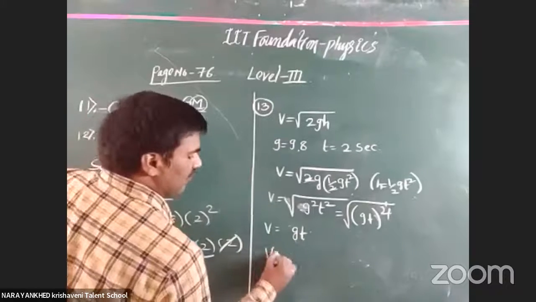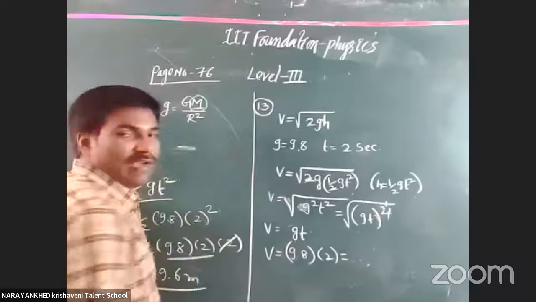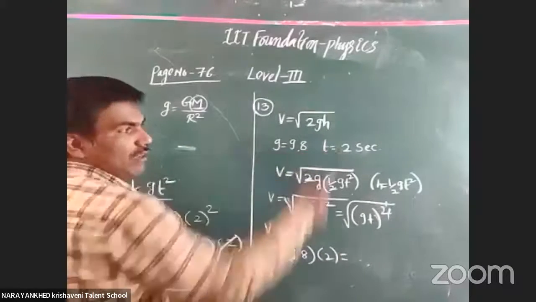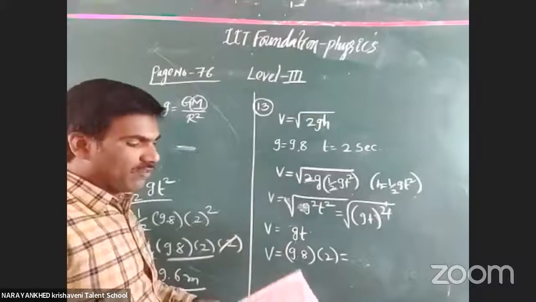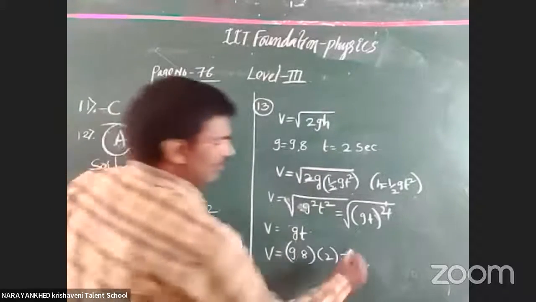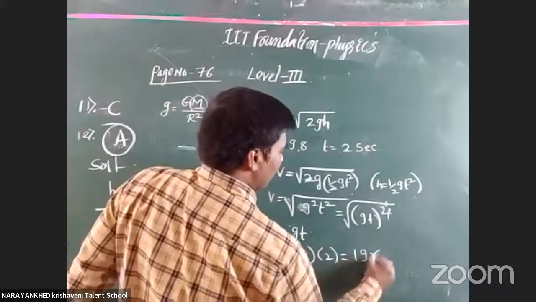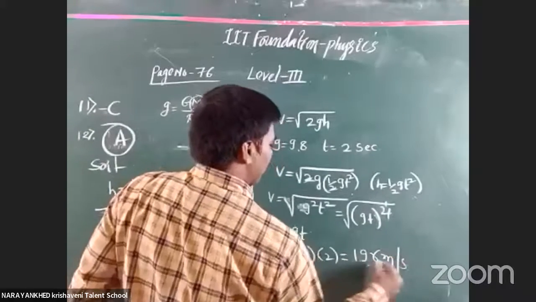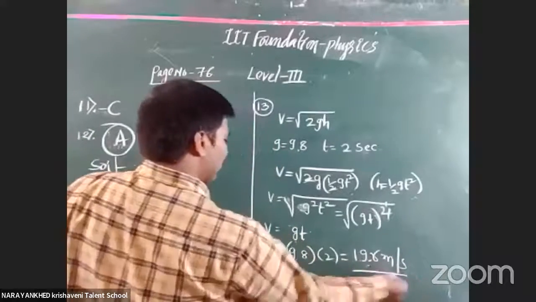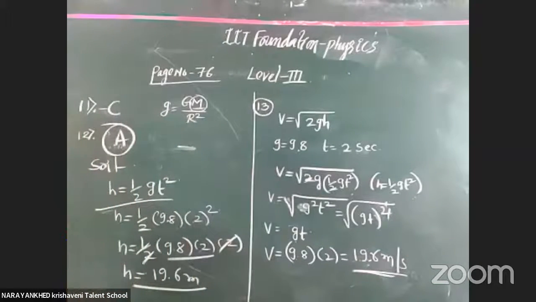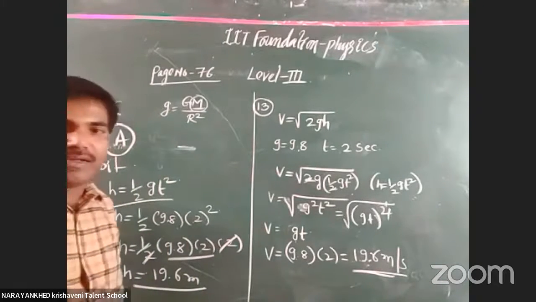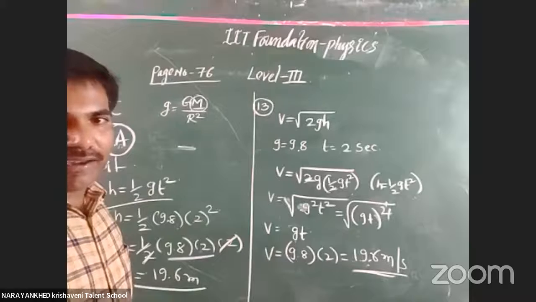Now v equals g, which is 9.8, and the t value is 2 seconds. So the answer becomes 19.6 meter per second. This is the answer for the velocity of the body when it touches the earth. Okay, clear or not?